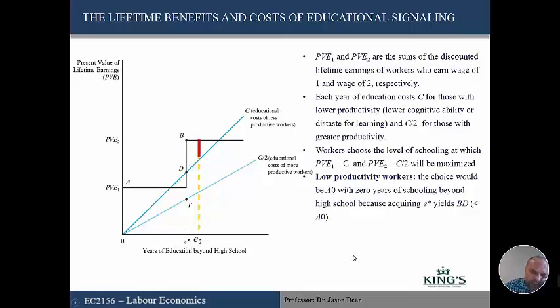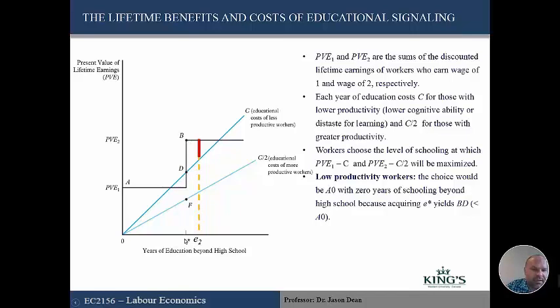Now let's suppose they choose an education level like E2. They're going to get this as their net present value. This is going to be their cost. This is going to be less than this. So there's no incentive for them to pick anything above E-star.